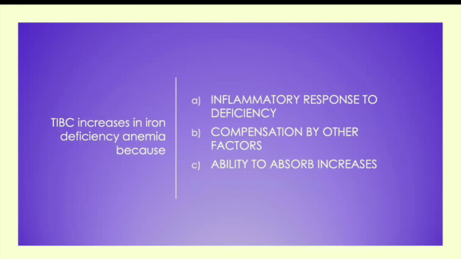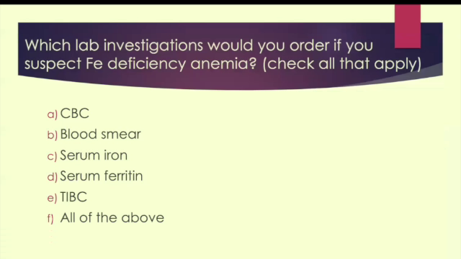Total iron binding capacity increases in iron deficiency anemia because C, ability to absorb increases. Yay. Okay, so which lab investigations would you order if you suspected iron deficiency anemia? So I would do a CBC.